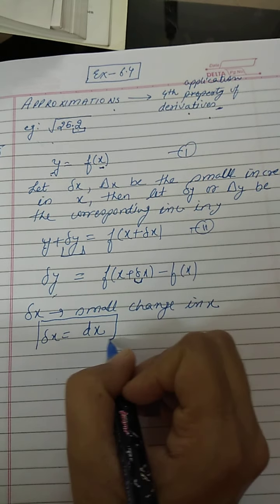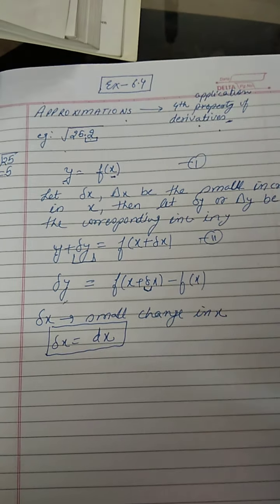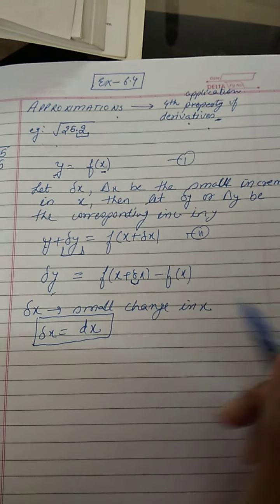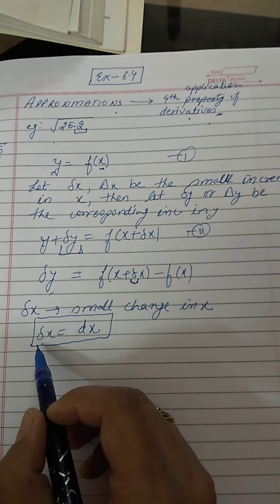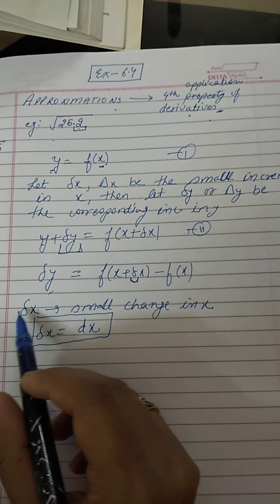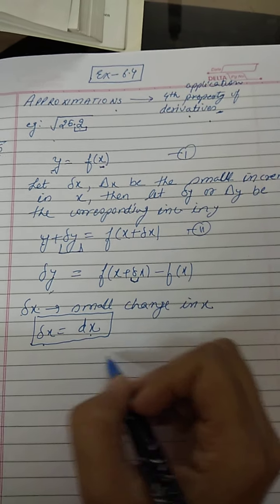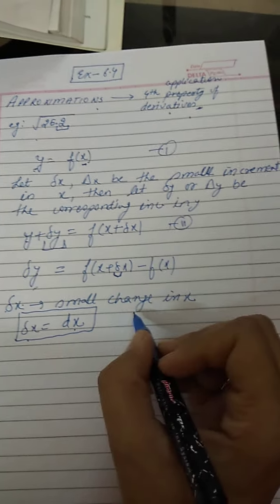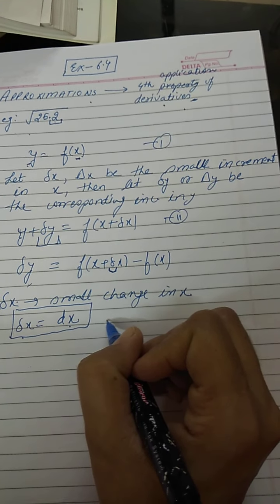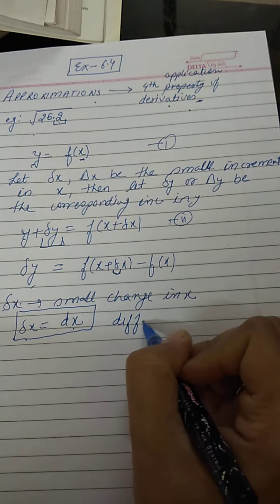So this is an important thing. Since x is an independent variable, the change in x, del x, can directly be considered as the differential of x. So small change in x, del x, is equal to the differential of x also.